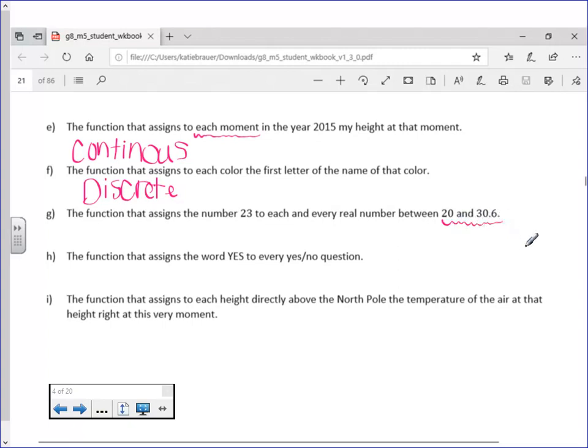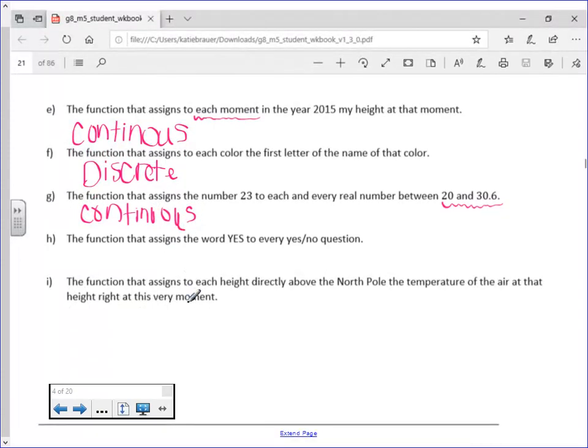Right there, it uses 30.6. So I know for a fact that this is going to be continuous because it doesn't matter if you use decimals or not. H, the function that assigns the word yes to every yes or no question. This is discrete because you're only using words. There's not really numbers involved. And if you're only using words, that's considered discrete.